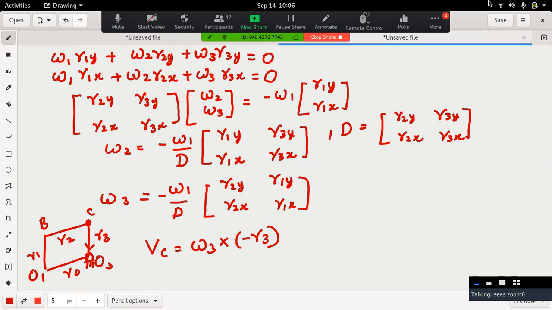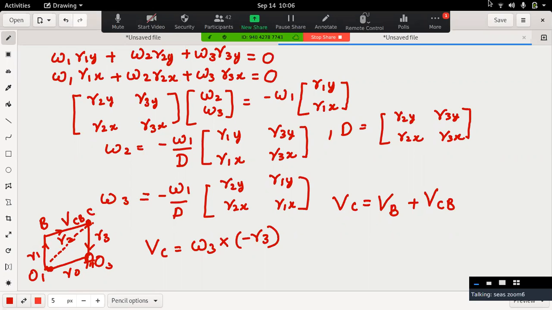Otherwise, there is one more way to determine the velocity of point C. If you see this triangle, then VC is actually nothing but the velocity of link R1, that is VB, plus the relative velocity of C with respect to B. And what is VCB? This is VCB, the velocity of point C with respect to B, and here is the velocity of B with respect to O1.